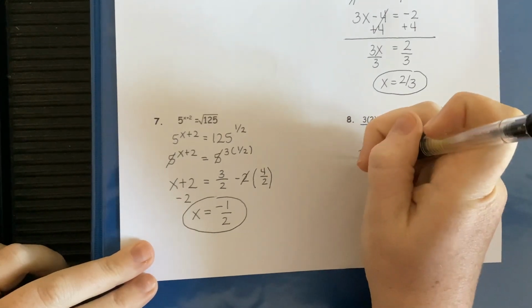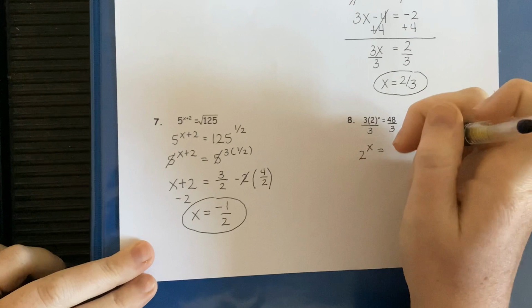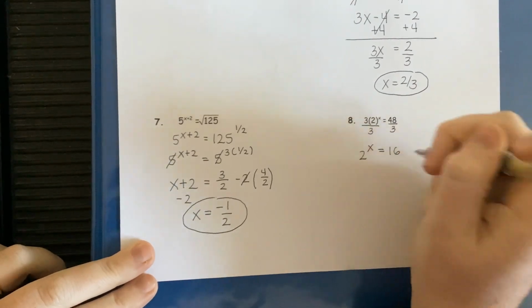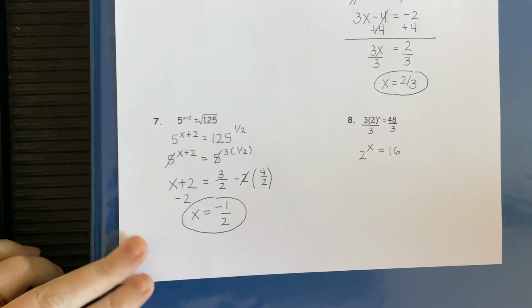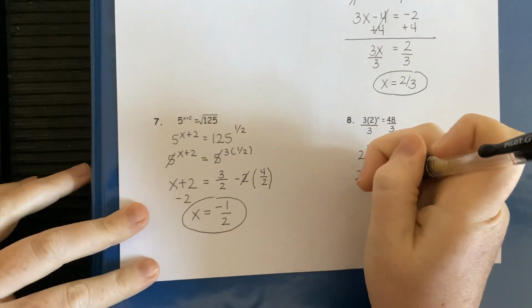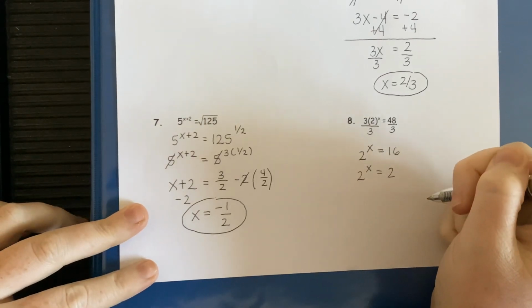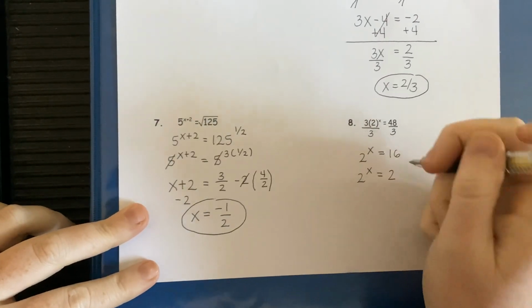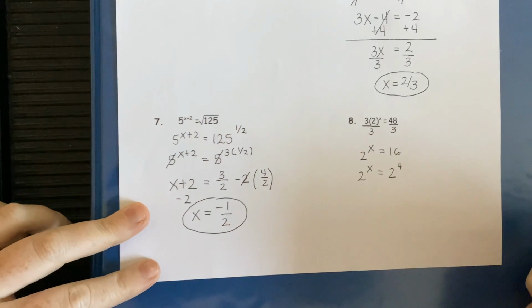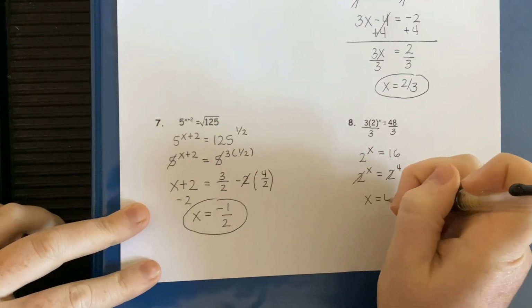That's going to give us 2 to the x is equal to 48 divided by 3, which is 16. So now you're thinking, again, how can I rewrite 16? I can rewrite 16 as 2 times 2 times 2 times 2, so 2 to the 4th power. These 2's cancel, and you're just left with x equals 4.